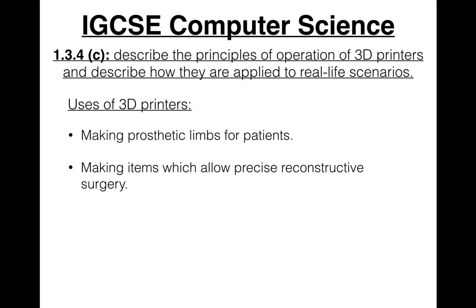You can also make items which allow precise reconstructive surgery. So it's kind of similar to that, but basically, if you need to reconstruct someone's, say, face, then you can be really precise with what you print in order to put it on the person's face.